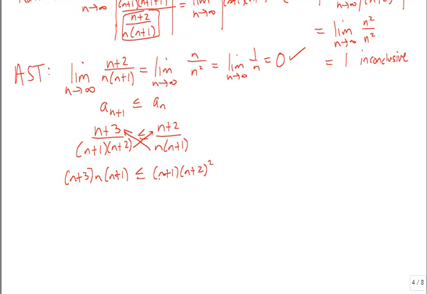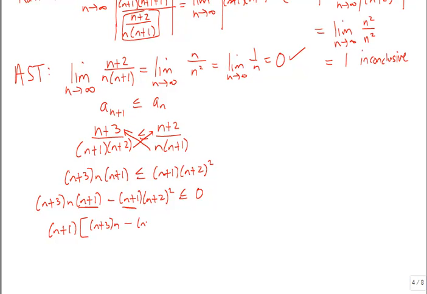Now what I'm going to do is subtract this entire right side over to the left side to get a 0. So this is less than or equal to 0. And I'm going to notice that I have a GCF that I can pull out. So if I pull out an n+1, then in brackets I'll have (n+3) times n, minus (n+2) quantity squared.